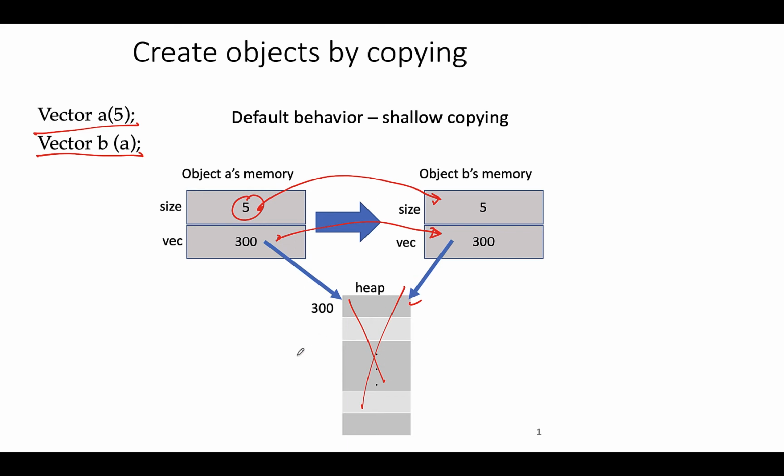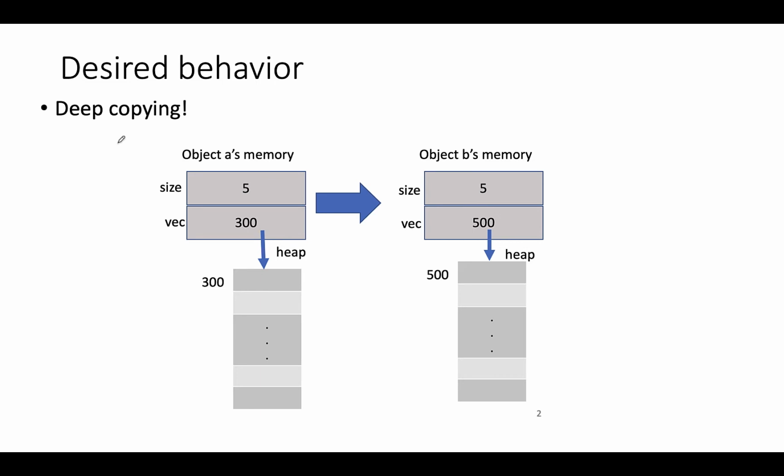What we desire to have, the desired behavior, is called deep copying. And with deep copying, we would like to create a separate memory for object B, a separate array for object B, and then copy these stack-based variables first. And then, like I said, create the separate memory for object B. So that's number one.